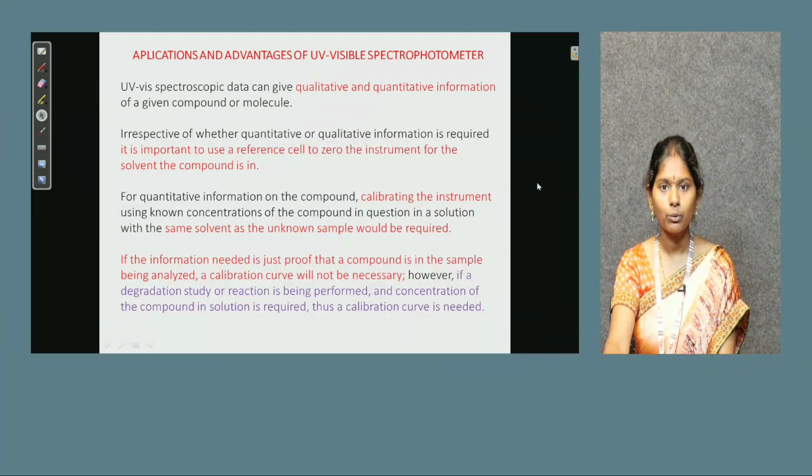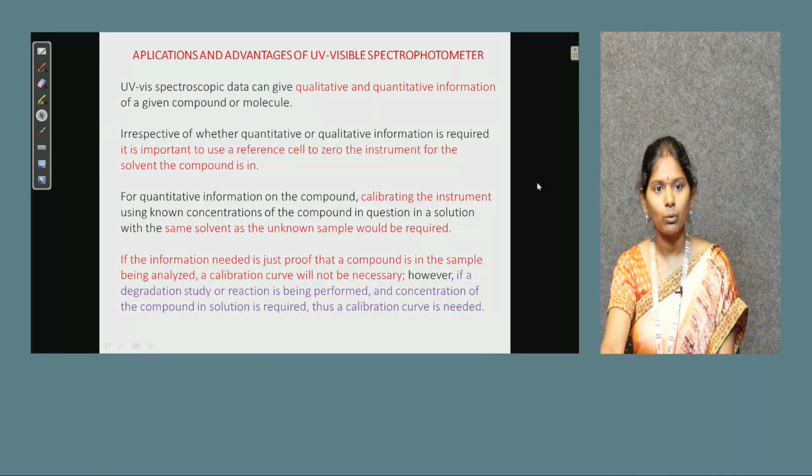It means we need to calculate the absorbance of the solvent sample and set it to zero to reduce the background noise.